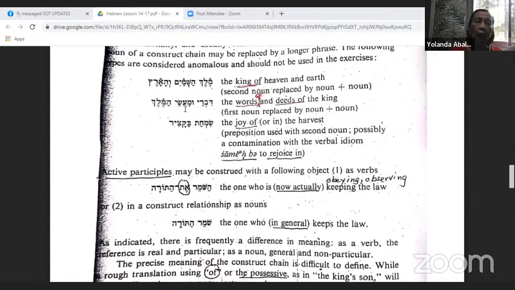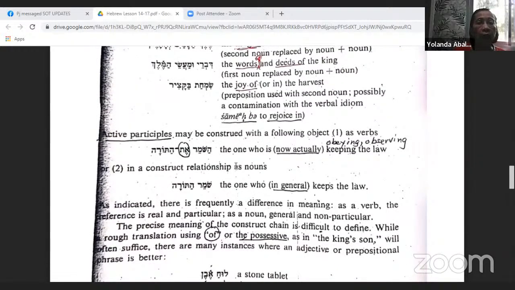But, dahil gumagamit ito ng perfect verbs, kaya, ma'asei. Simchat, simchat bakatzir, the joy of the harvest. Yeah, simchat, the harvest time. Pwede mong sabihin niya yan, simchah baketzir.